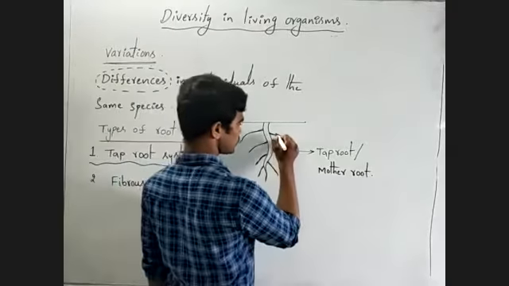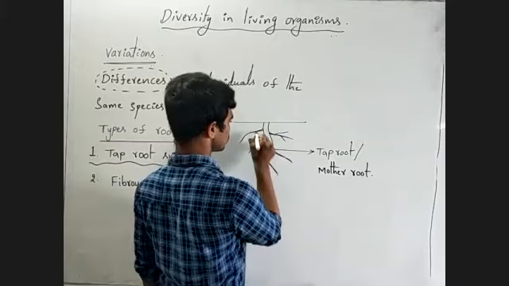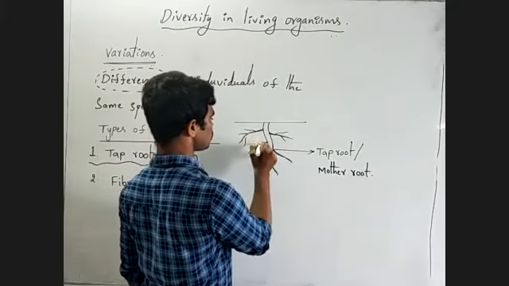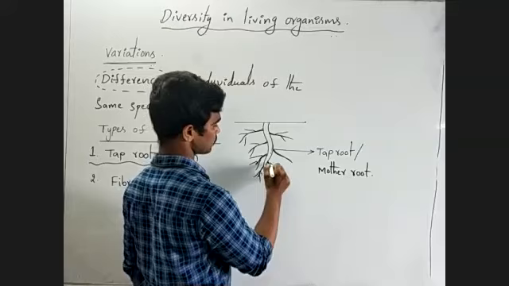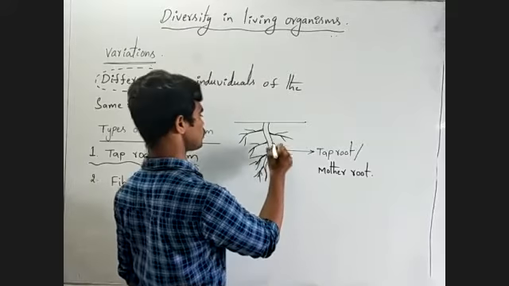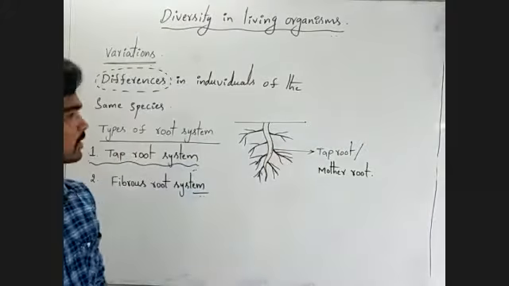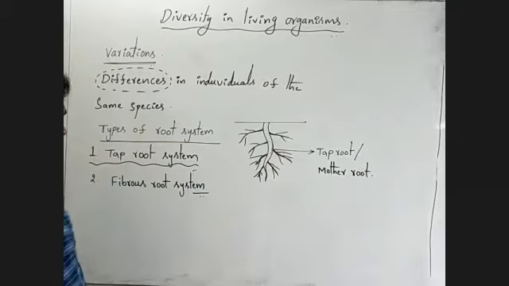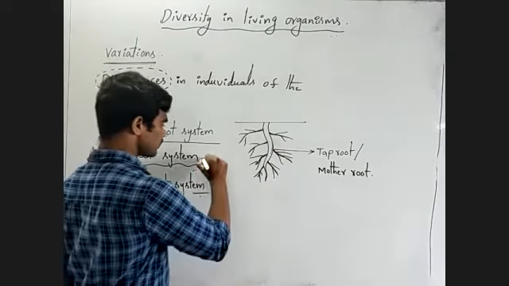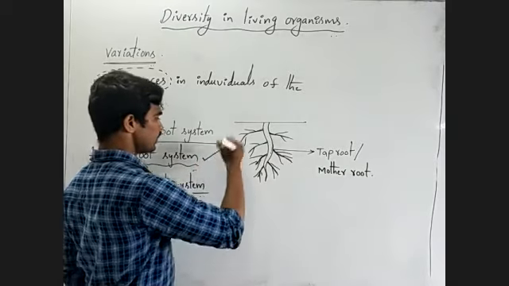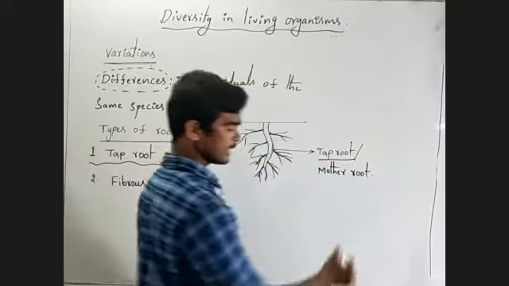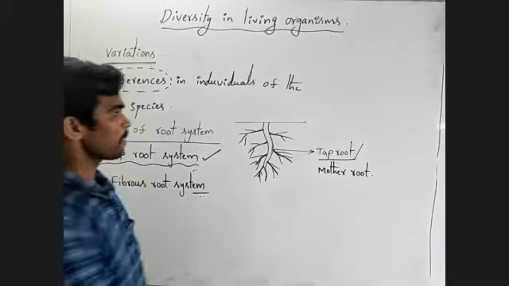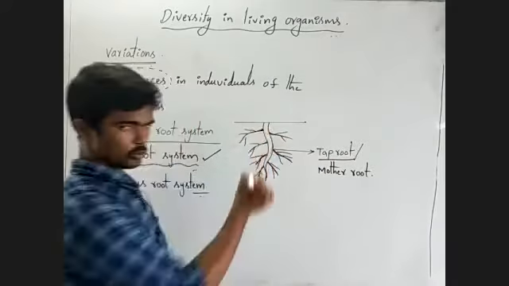These lateral roots again form small branches. This type of root system is called taproot system. In taproot system, a major large root is present, that is the taproot, that forms a number of lateral roots.